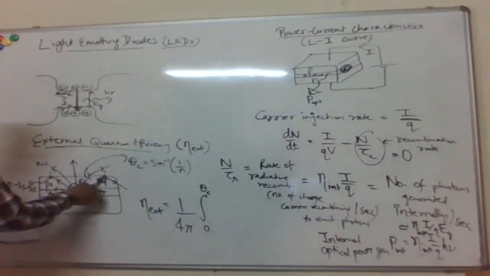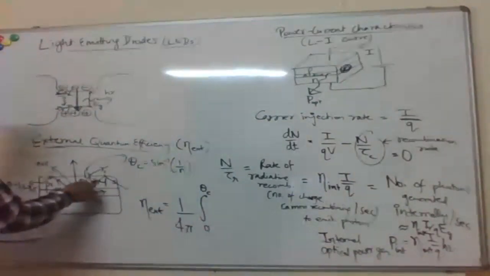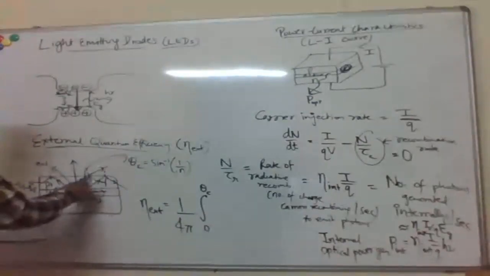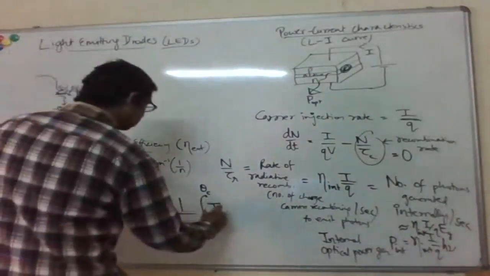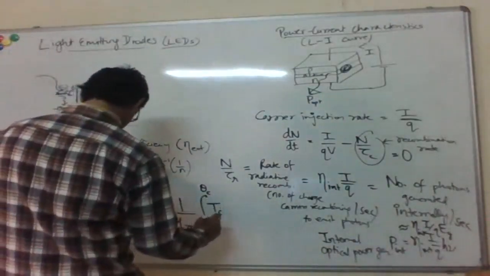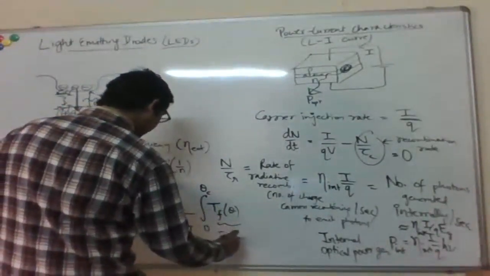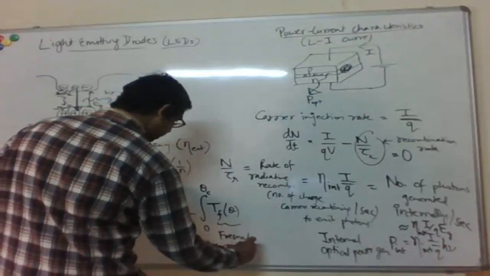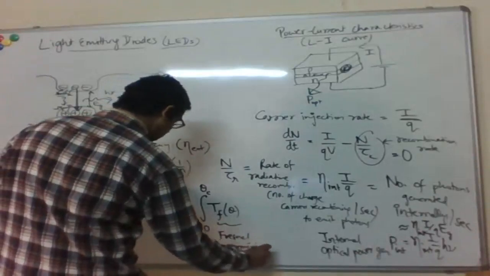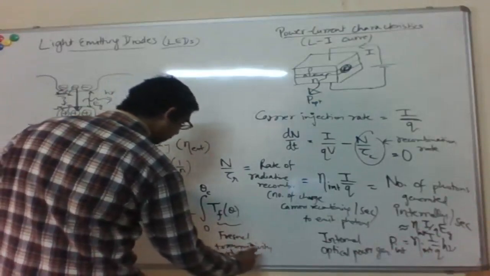Even for rays less than the critical angle, it's not 100% transmission; there is some reflection and some transmission. Beyond the critical angle, 100% is reflected. So this is basically the Fresnel transmittivity at incidence angle theta.